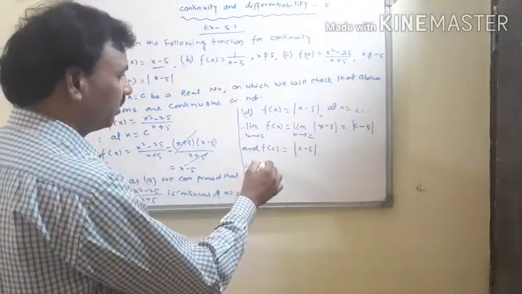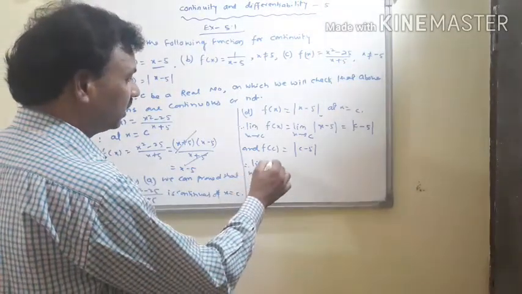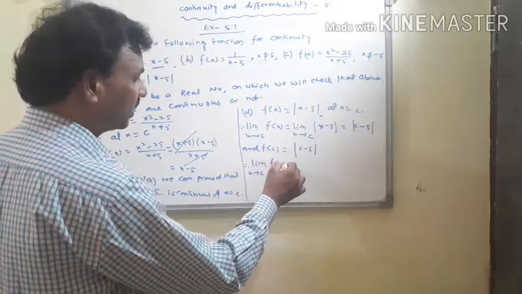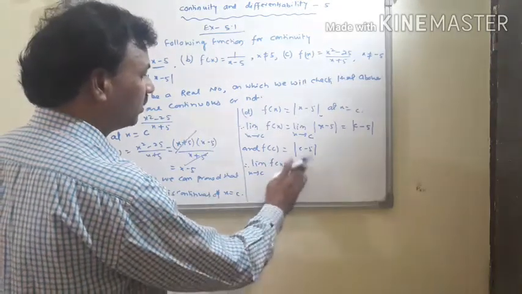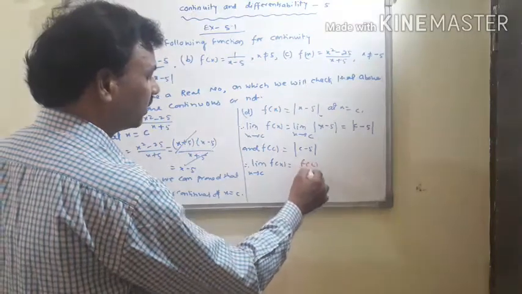Therefore, limit x tends to c f of x equals f of c.